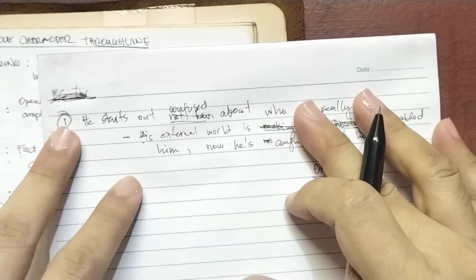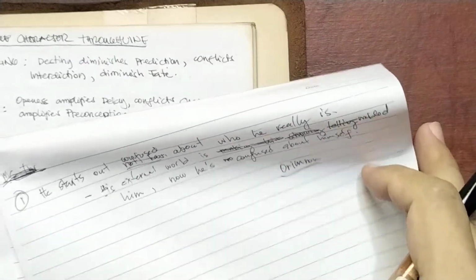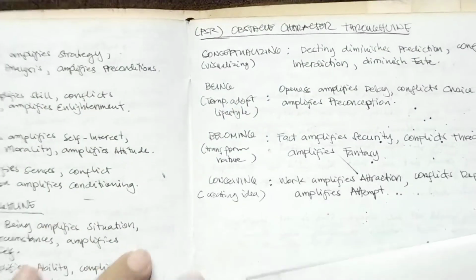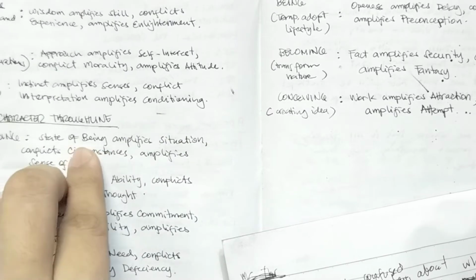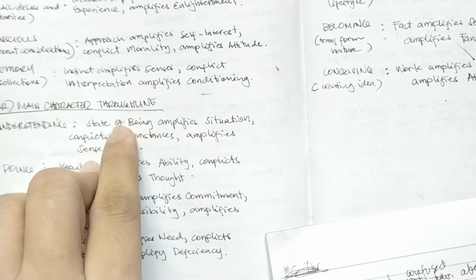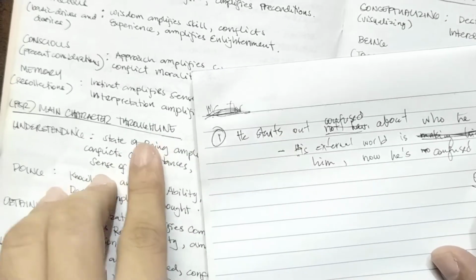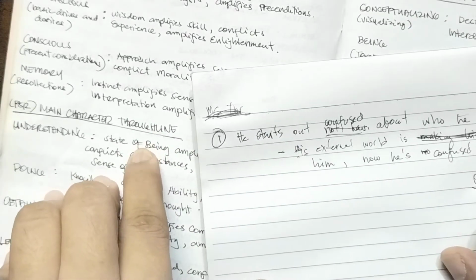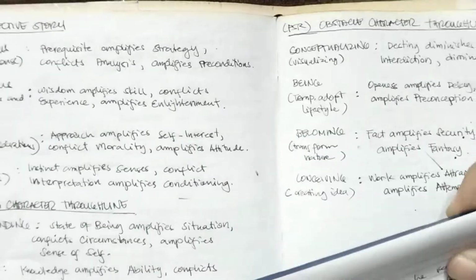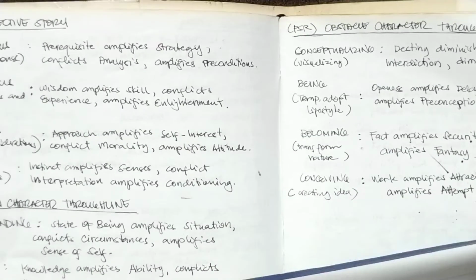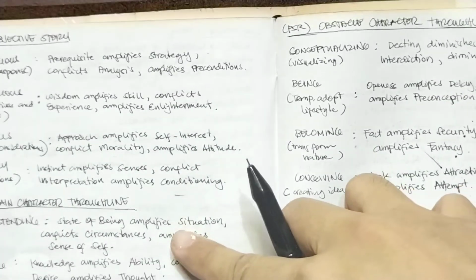Anyway, we now have the idea of how we start using the plot sequence report. It starts with loss of sense of being, state of being. So we know now that he's confused of who he really is. Now I use this state of being, situation.